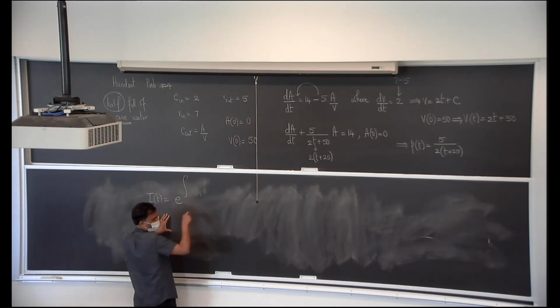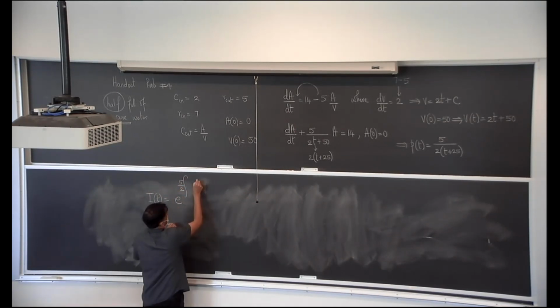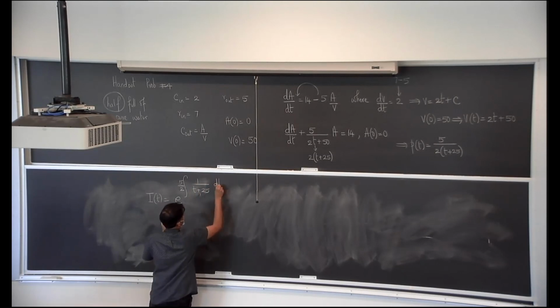Okay, the 5/2 can be pulled outside. You get 1 over t plus 25 dt.